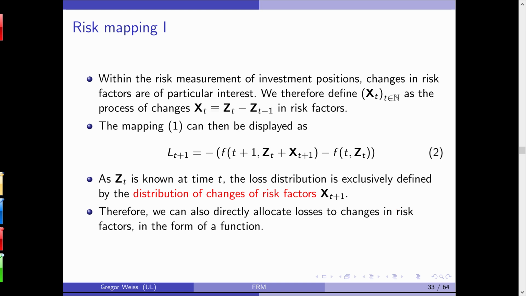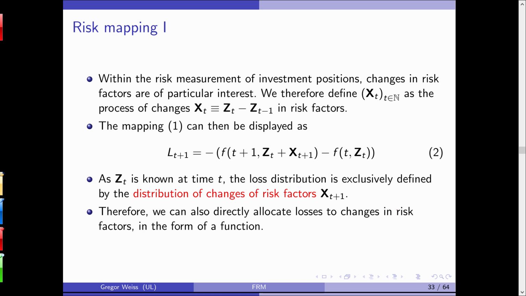Now, we've seen that the value of an investment depends on time t and the risk factors zt. Now we go back and remember that actually we are interested in losses that arise from a change in the value vt compared to the next day's or next year's value vt plus 1. We exchange zt minus zt minus 1, we set it by xt, which is the change in the risk factors.